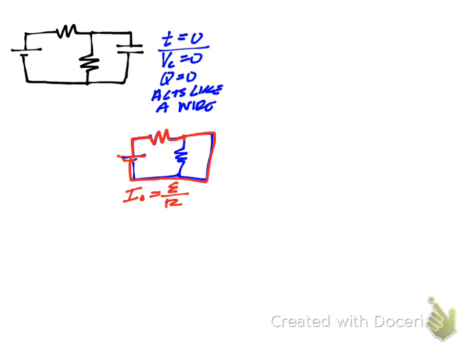Now, as time goes on, so an infinite time later, the voltage on the capacitor is equal to, well, we'll talk about what it's equal to. The capacitor is full now, so there's no more current going through the capacitor. And it's going to act like a break in the wire.